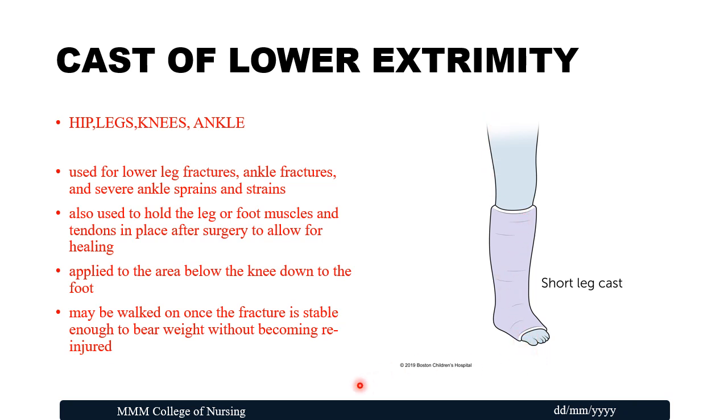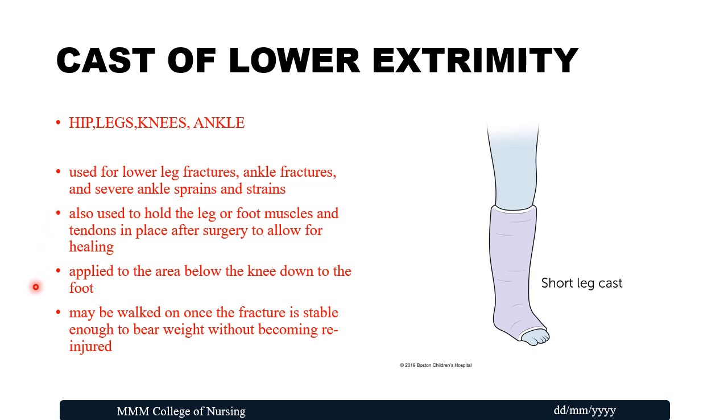Short leg cast. Casts of the lower extremity involve your hips, legs, knees and ankle. This is used for lower leg fractures, ankle fractures, and severe ankle sprains and strains. It is also used to hold the leg or foot muscles and tendons in place after surgery to allow for healing.